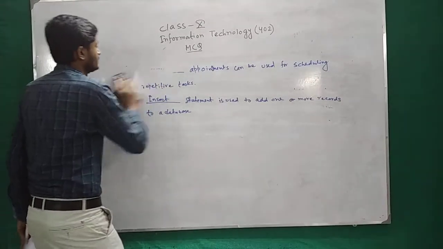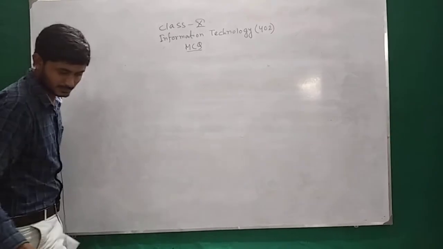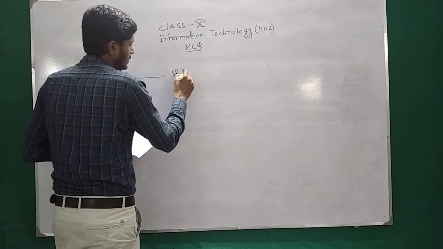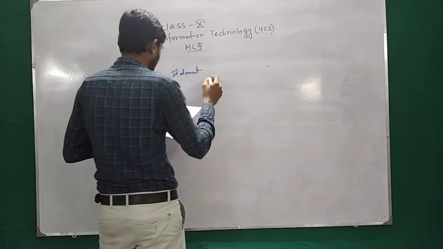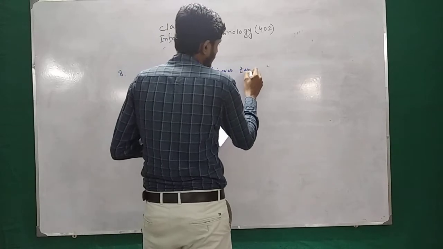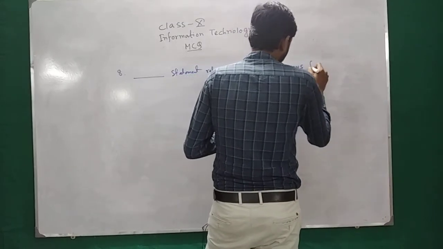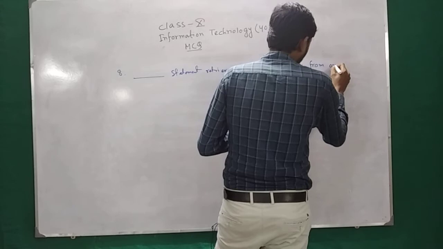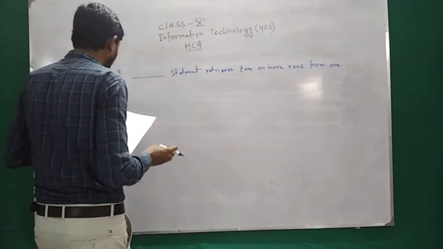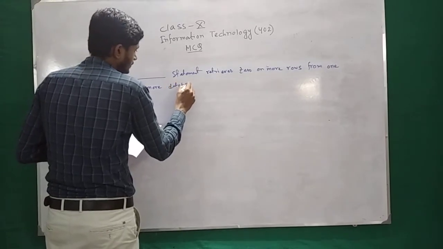Okay, next one, eighth one. Question number 8. Dash statement retrieves 0 or more rows from one or more database tables.